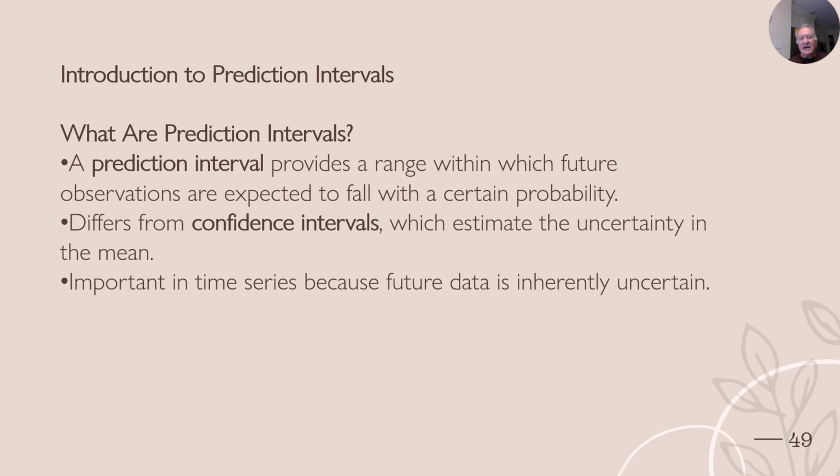It's important in time series because the future data is inherently uncertain. So we don't want to predict too far into the future, and we want to come up with a good range in which the future observations will actually make sense.